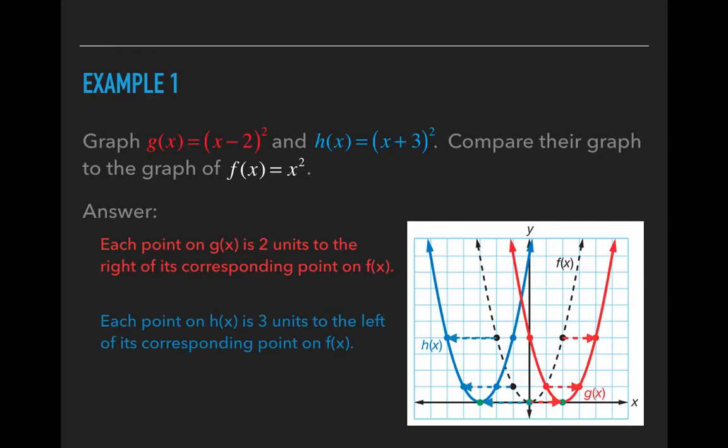Every point here is being moved 3 units to the left of where that original function was. And look closely at those equations. When it was x minus 2, it moved 2 to the right. When it was x plus 3, it moved 3 to the left.